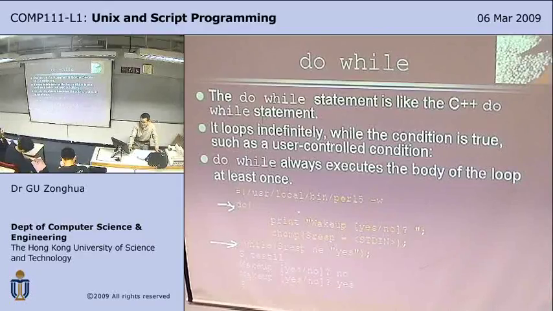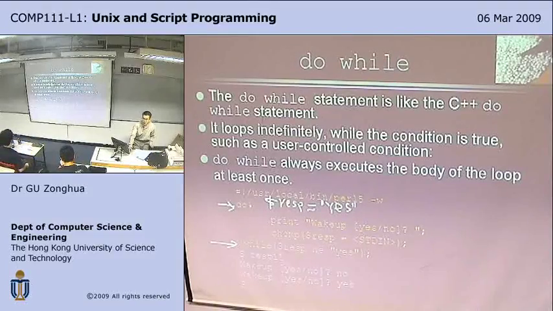So for example, if you place a line that says, set response equal to yes before the do statement, you still go into the do body and do a print and take an input before you exit.